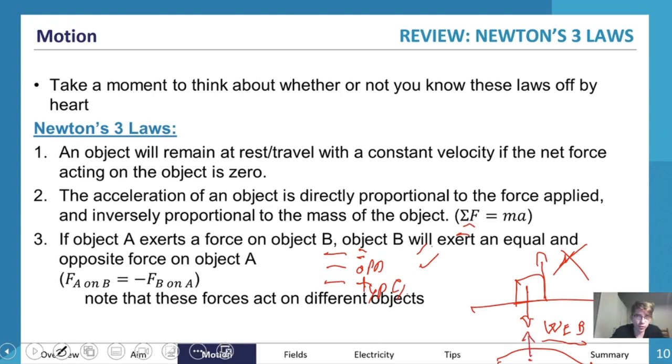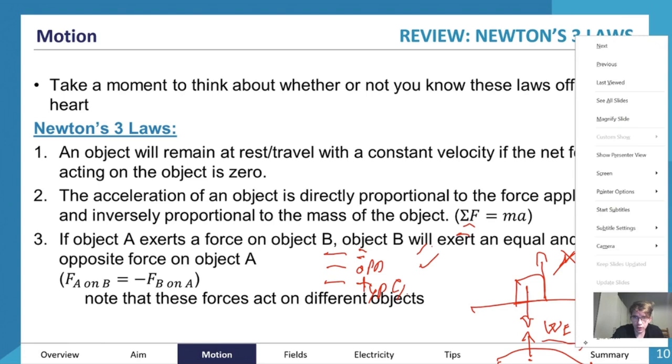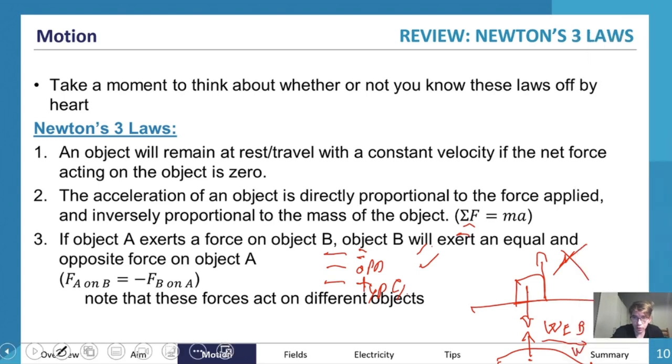That is the reaction force. Right, it's the weight force that the block applies on the Earth. Does that make any sense? So these are action-reaction force pairs.